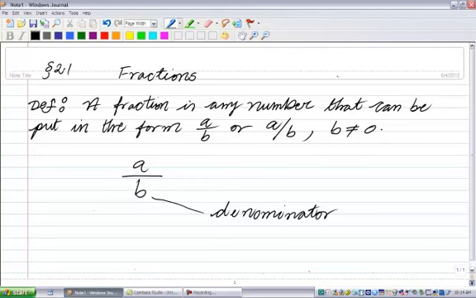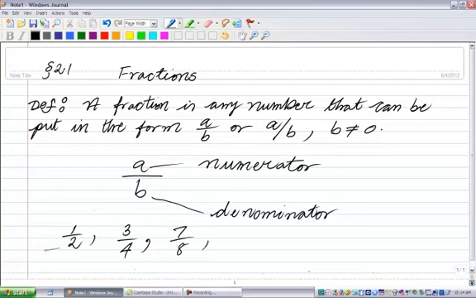And what's the name for the one above? It's called the numerator. So if I have a fraction, the number on top is called the numerator, the number on the bottom is called the denominator. What are some examples of this type of numbers? Well, the number half, the number 3/4, the number 7/8, the number 9/5. These are all fractions.